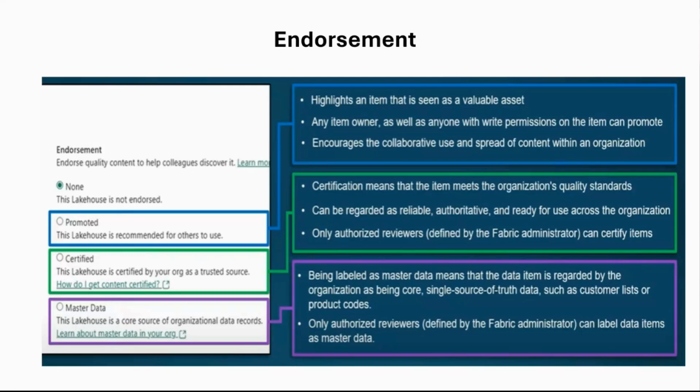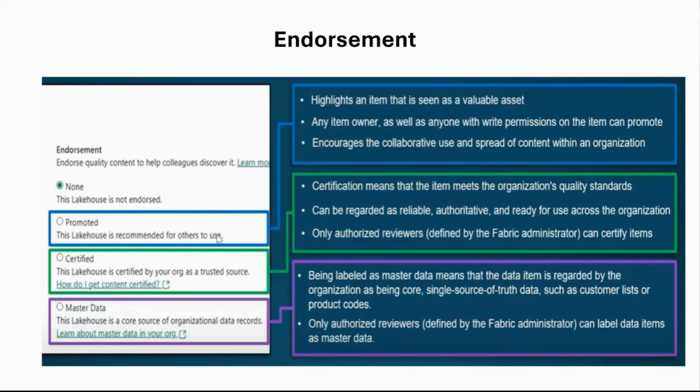Now within endorsement, there are three types of endorsement that one can leverage. One is the endorsement called promoted. Now, as it states, promoted is when users share items that they find useful, valuable, and ready to use.